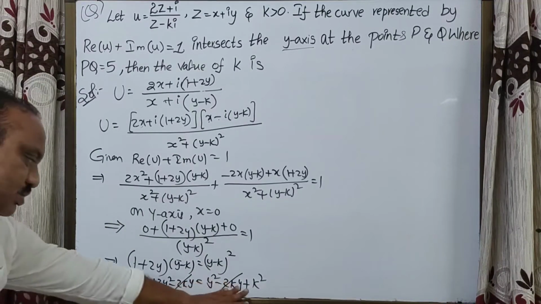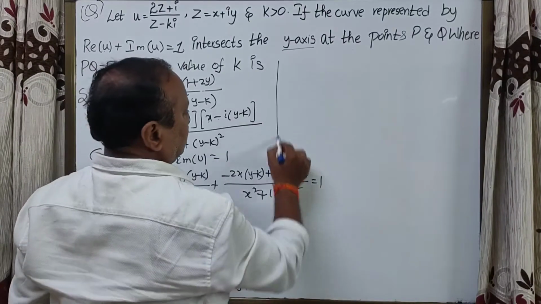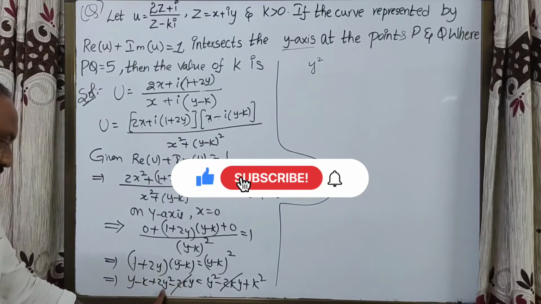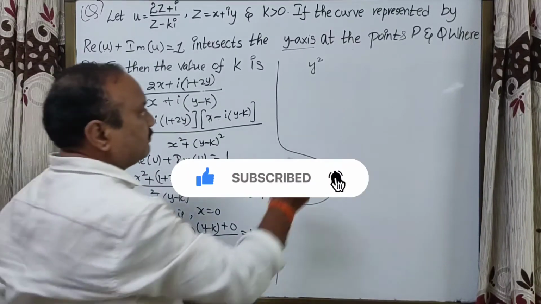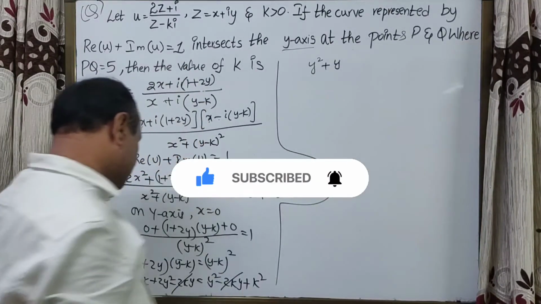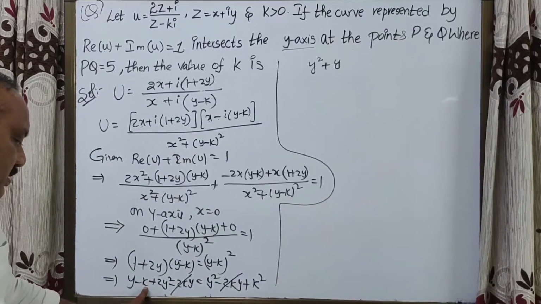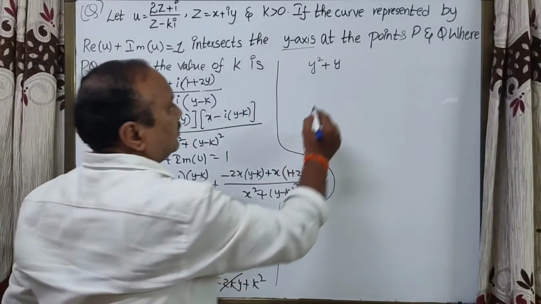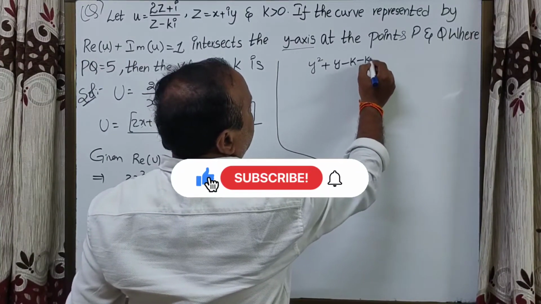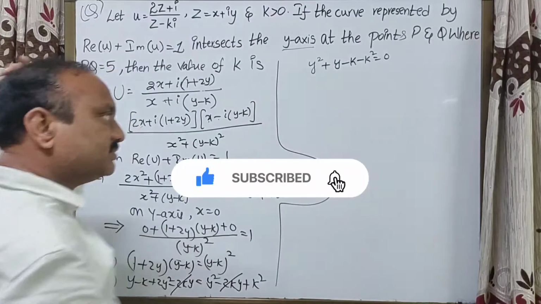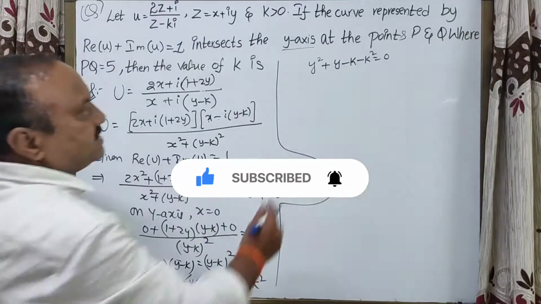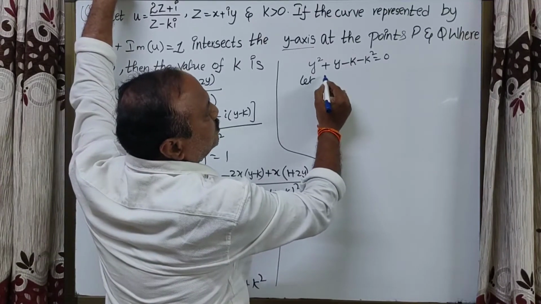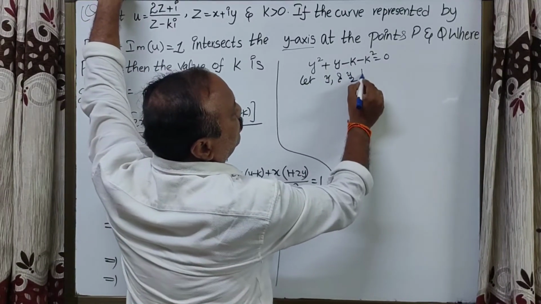Bring these two terms to this side, we get y square plus y minus k plus k square, bring this k square to this side, minus k square equal to 0. Students, it is a quadratic equation in y, it has two values, let those two roots y1 and y2 be roots.